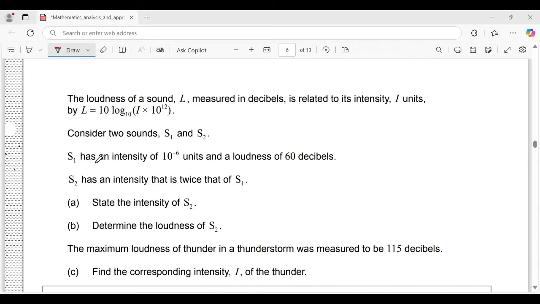S1 has an intensity of 10 power minus 6 units and a loudness of 60 decibels. S2 has an intensity that is twice that of S1. State the intensity of S2.